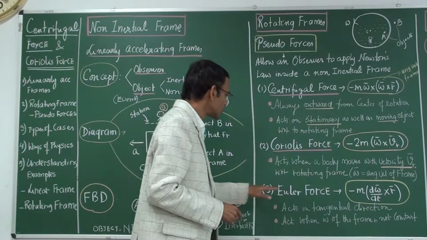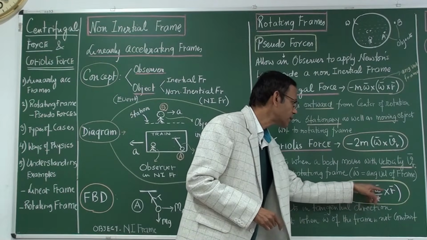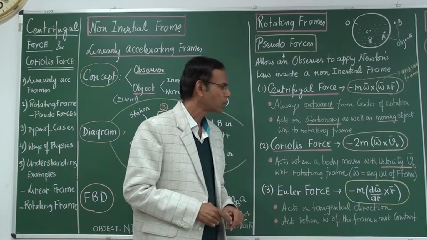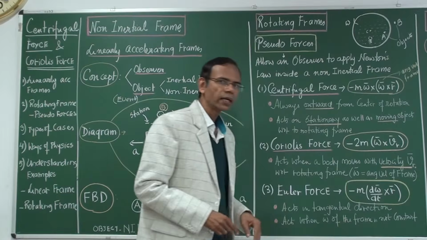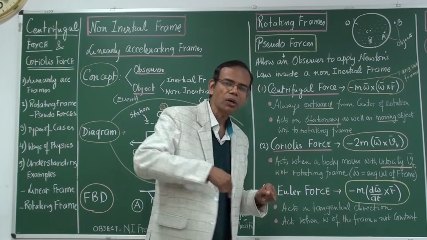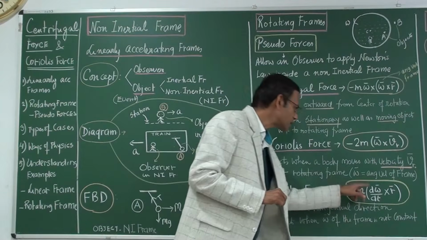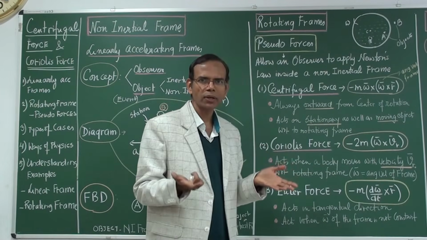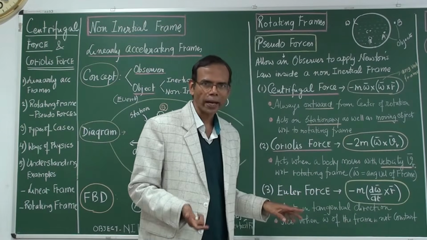Okay. Third is the Euler force, that is minus m d omega by dt cross r. As you see this expression, if the angular velocity of the rotating frame is not constant and is changing with time, that means it is having an angular acceleration, then this force will also act.